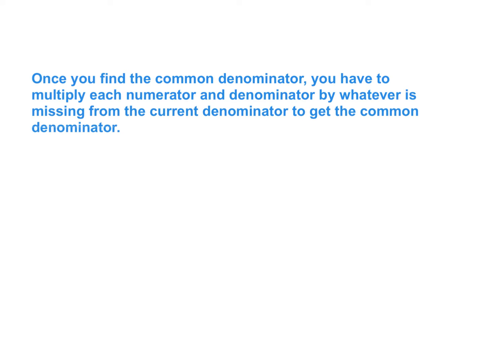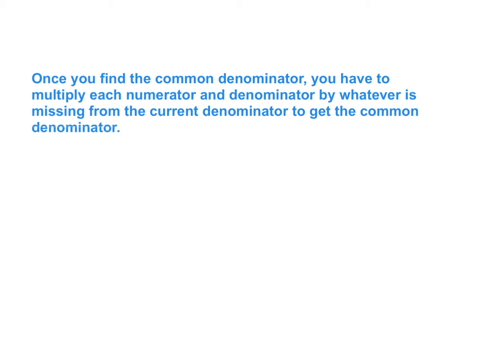So, once you do find the common denominator, this is the part that I think seems kind of confusing by itself. But when we put it into action, it'll make more sense. You have to multiply each numerator and denominator by whatever's missing from the current denominator to equal the common denominator.